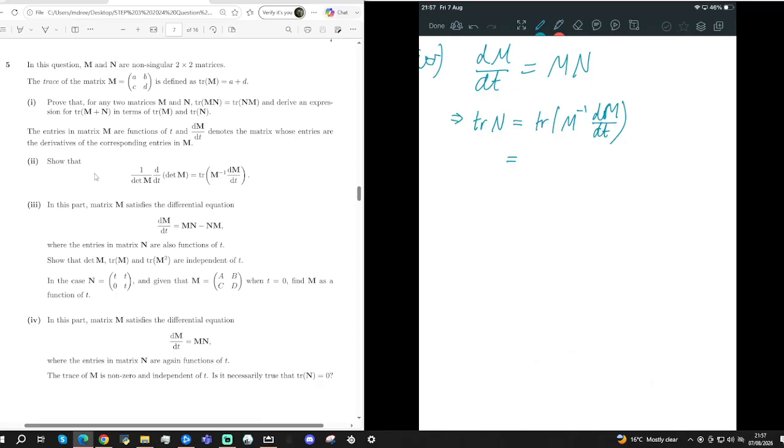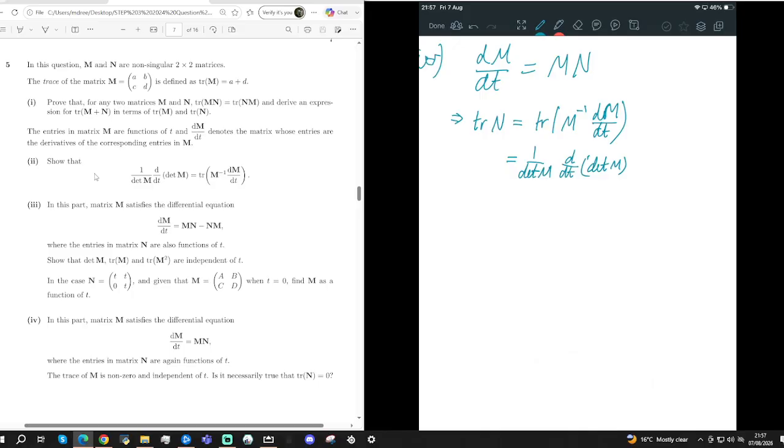And that is equal to 1 over det m times the derivative of det m. Okay, why was that useful? If I could somehow show that this is equal to 0, then I'll be happy.